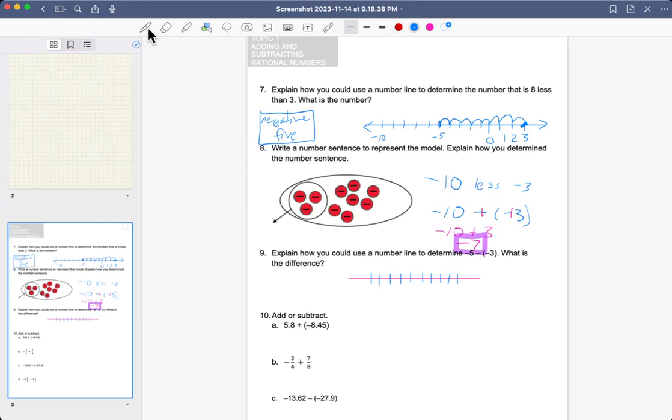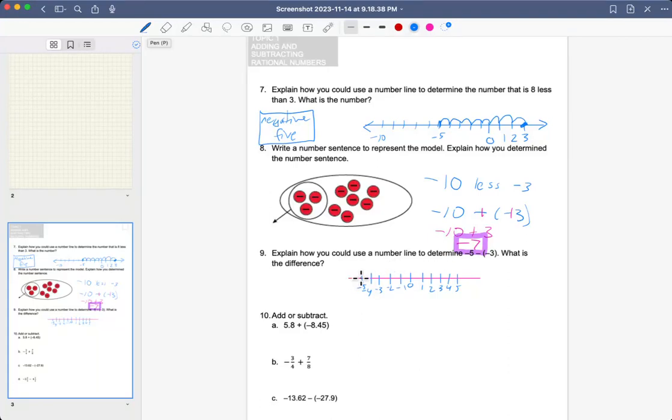All right. And here is 0, 1, 2, 4, 5, -1, -2, -3, -4, -5.